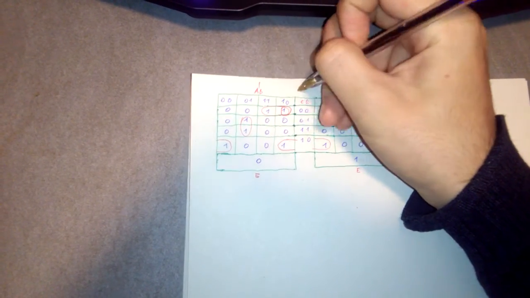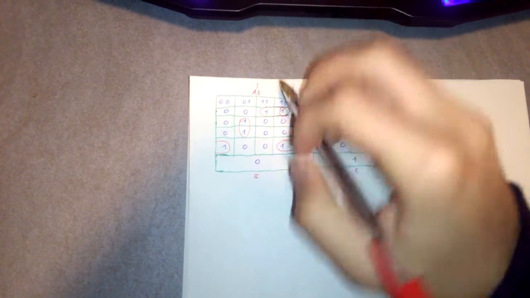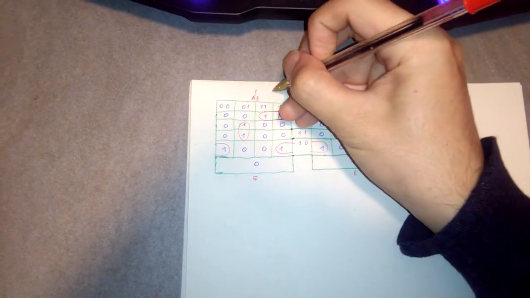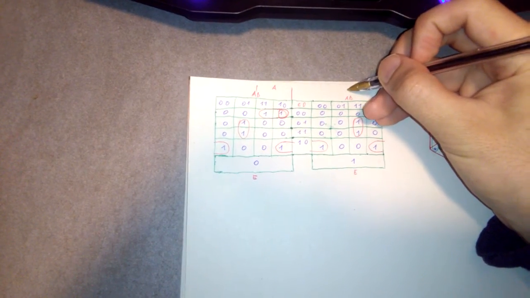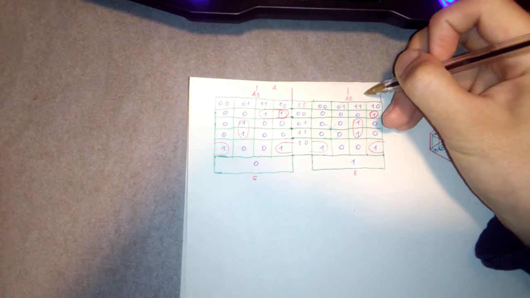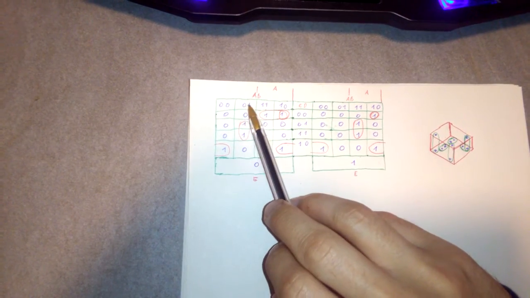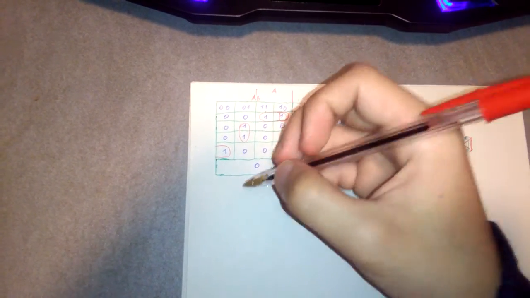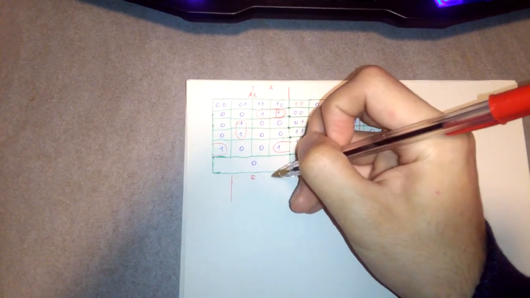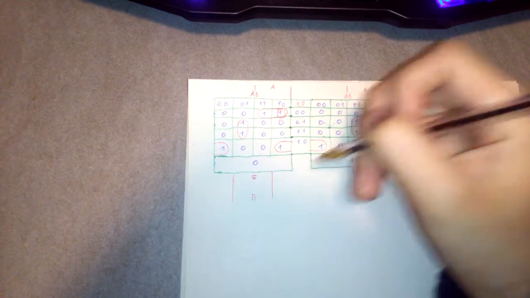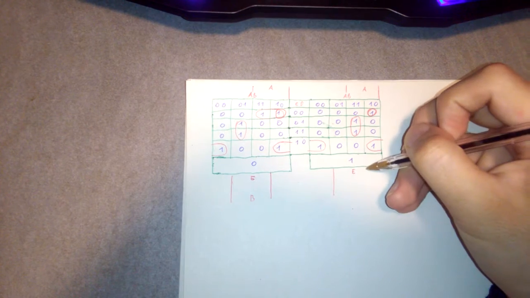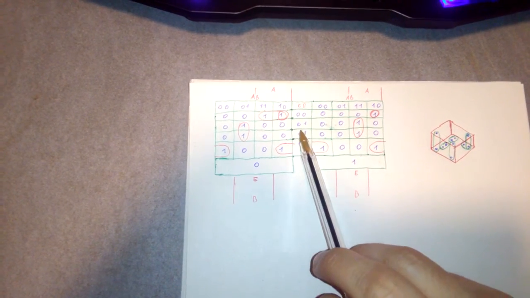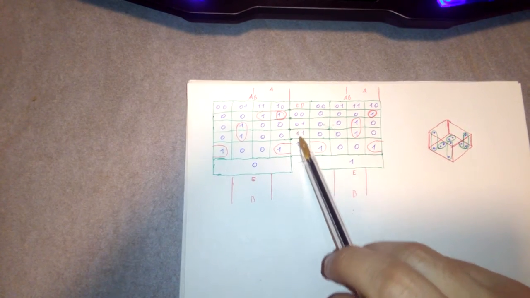So in this case, A is 1 here at the bottom in those 2. So 1, 1. And here, of course. Now B is 1 here in the middle and here. So I'm going to have B written down here like so, and B. Then we have C, which is 1 here.